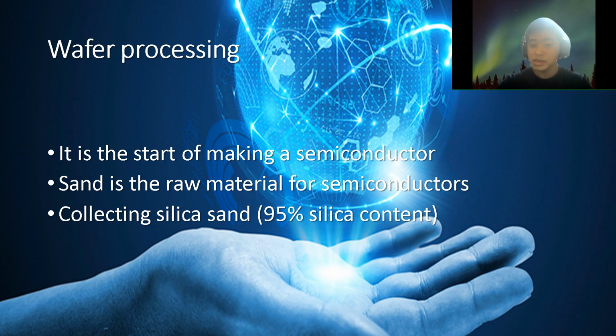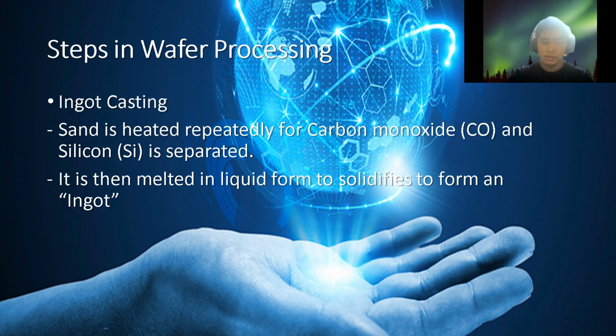Wafer processing is the process of making and obtaining wafers. The first step is ingot casting. First, the sand needs to be heated to separate the carbon monoxide, CO, and silicon, Si, and the process is repeated until ultra-high purity electronic grade silicon, or EGSI, is obtained.